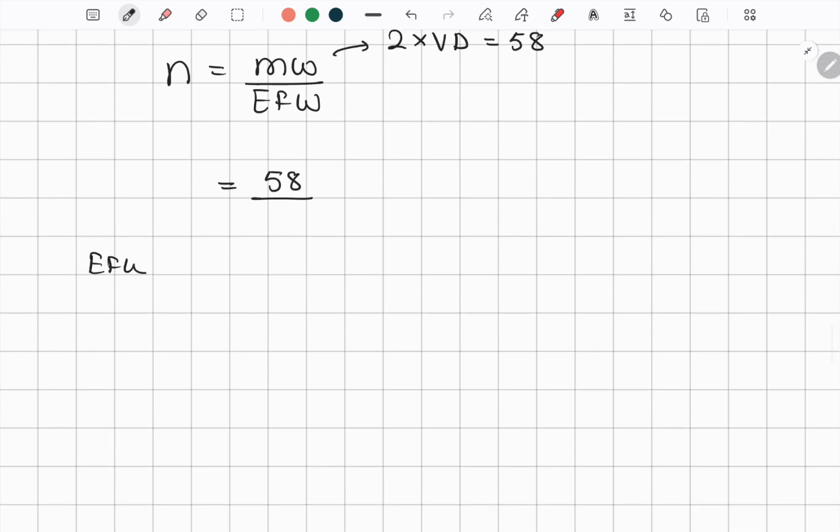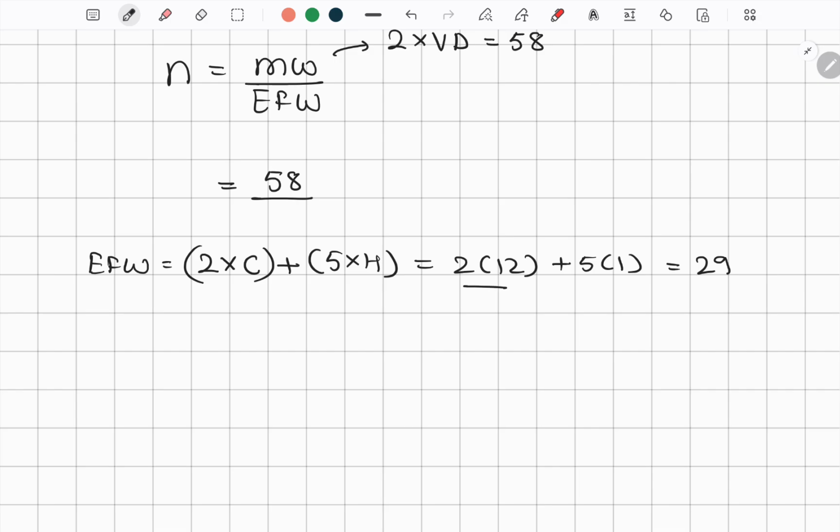Empirical formula weight equals 2 into carbon plus 5 into hydrogen, which is 2 times 12 plus 5 times 1. So 24 plus 5 becomes 29. The denominator is 29. So 29 twos are 58, and my value of n is 2.